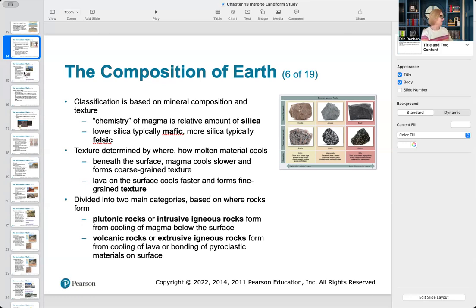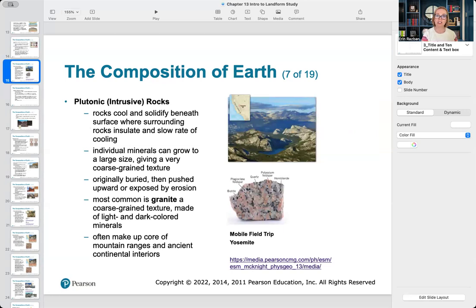Next slide. We also classify them by where they cool. Plutonic or intrusive rocks cool slowly beneath Earth's surface, allowing large crystals to form. Granite, with its visible mineral grains, when we look closely at granite, this is a perfect example, and we can see bits of crystal in that.